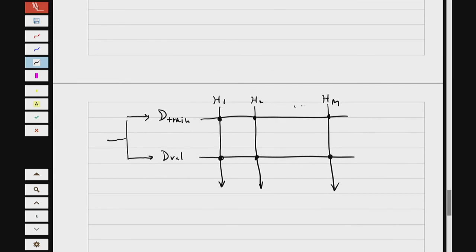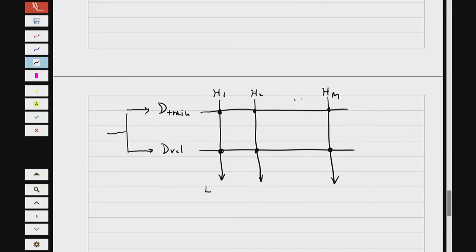like that. So each model is trained using the D-train and then goes to D-val to get the validation error, right? This E-val of G2 minus, this E-val of GM minus, right?